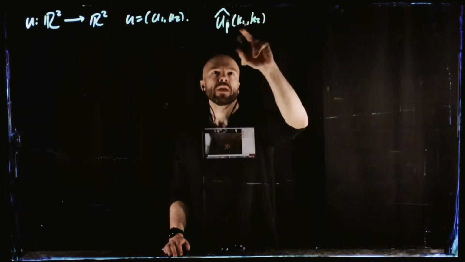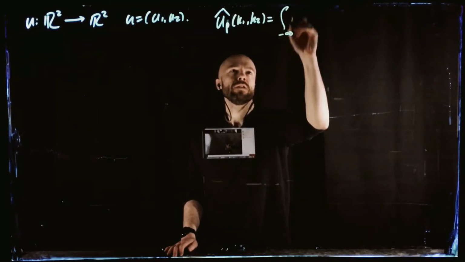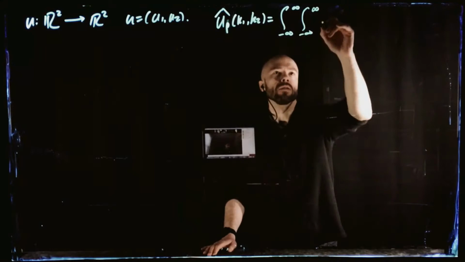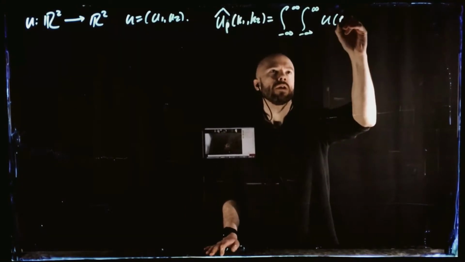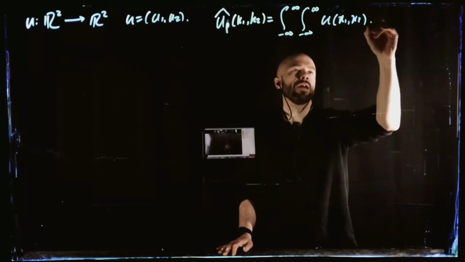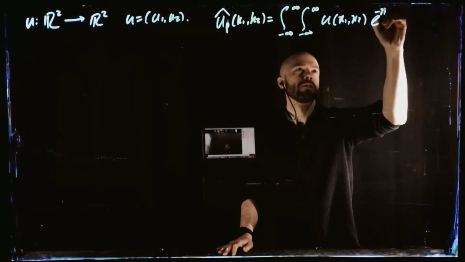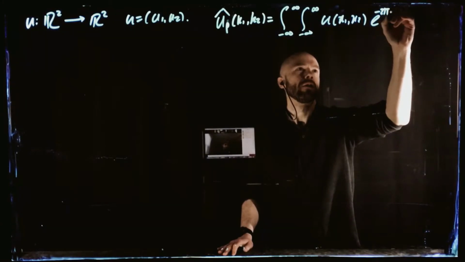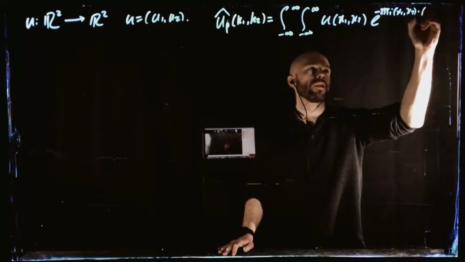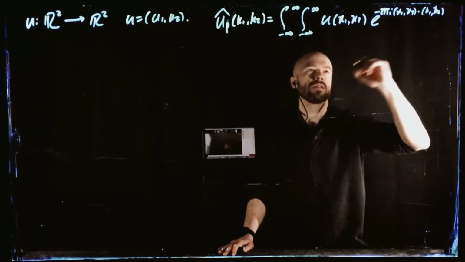So previously I used k and m, but let's use k1 and k2. And we have integrals from minus infinity to infinity. Let's use x1 and x2 this time. And we have e to the minus 2 pi i of the product x1, x2 with k1, k2, like this.